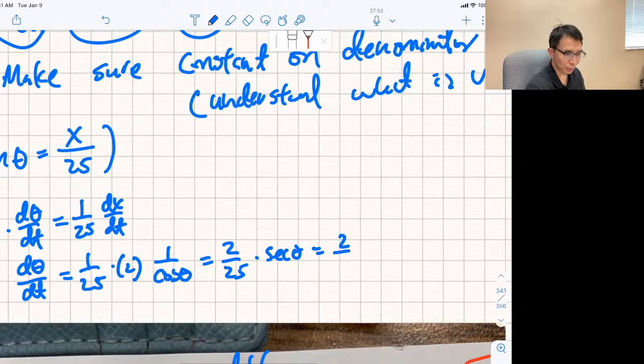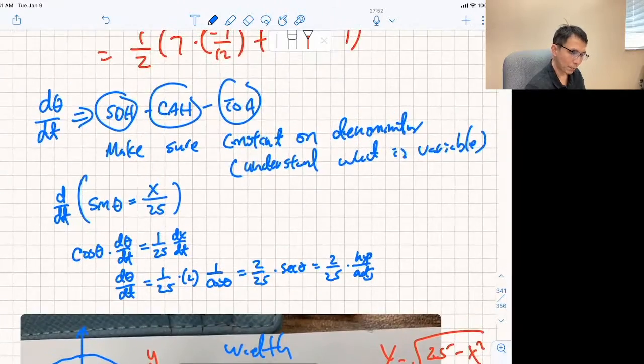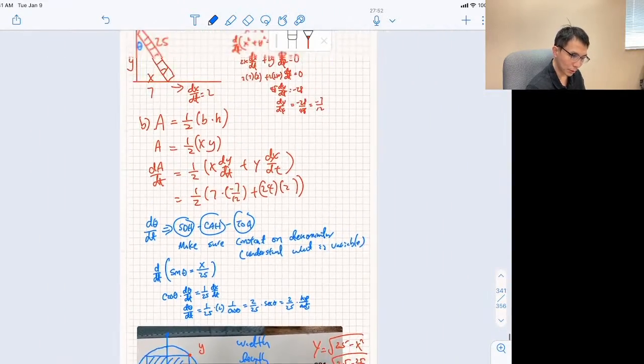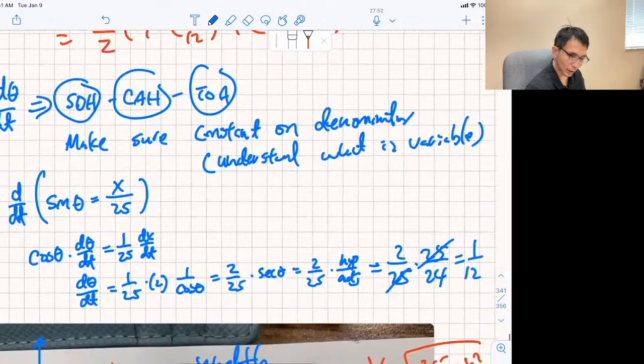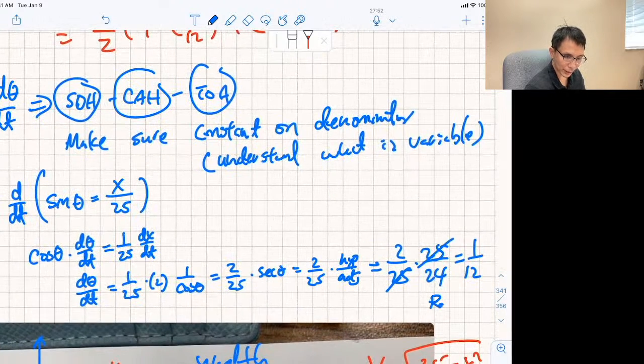Secant is also known as hypotenuse over adjacent, right? What is hypotenuse over adjacent in this case? Well, we do know hypotenuse is 25, and adjacent we do know is 24. So 25 cancels out, nice, 1 over 12. And then that becomes radians per second.